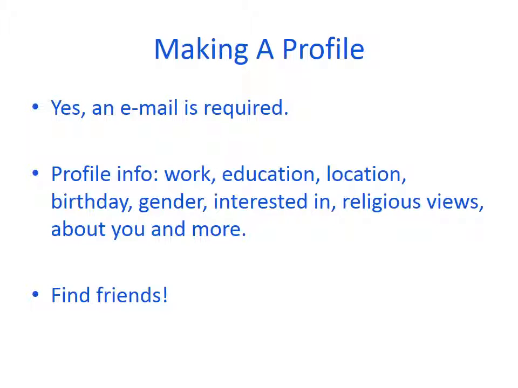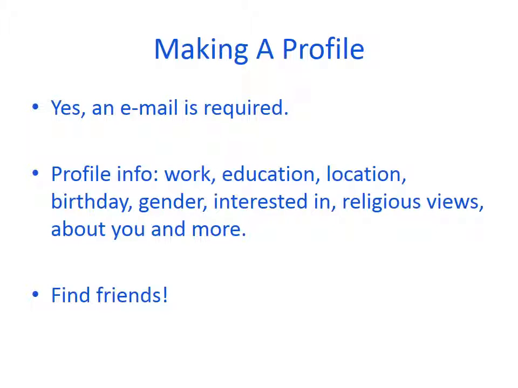And of course is the find friends. We want to be social and we want to keep in touch with people. So you need to find friends and add them. On your request section, you can see all the friend requests that you've got. There's also a messenger section at the bottom of the page.